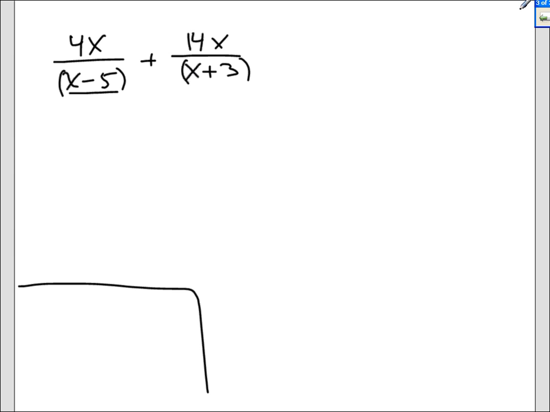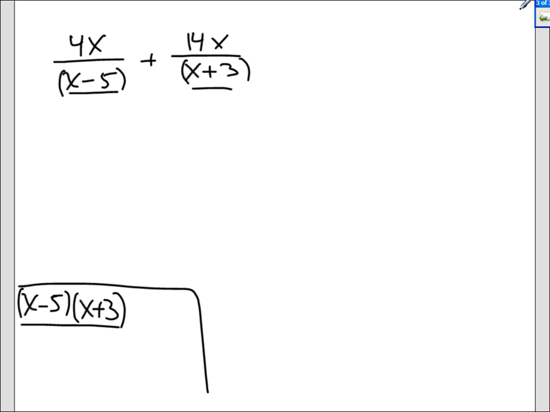At first the answer is always no, because you haven't written anything yet. Then you go to x plus 3 and ask the same thing. The answer is no. And there are no more denominators. So here is your least common denominator.